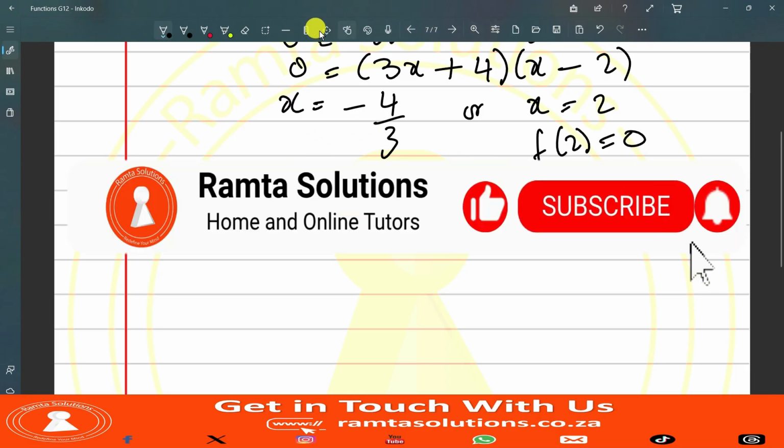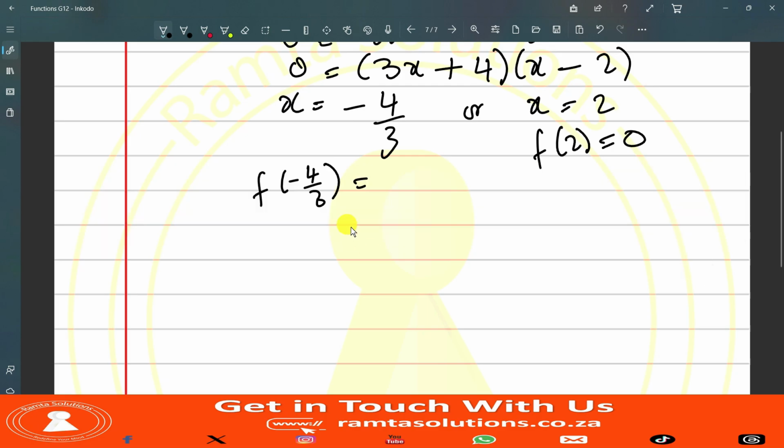Remember, guys, I said f even though I'm aware that we used y. So to be consistent, I'm going to use y, and I'm going to say y when x is this value.